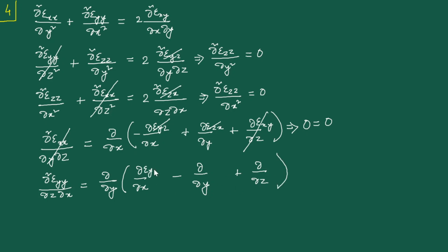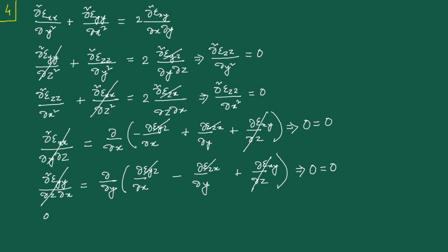So this here is yz, this is zx, and this is xy. And again, this term vanishes because epsilon xy is not a function of z. Epsilon zx by itself is 0, epsilon yz by itself is 0. And this epsilon yy is not a function of z, so this term vanishes. So again, we have a 0 equal to 0 form.